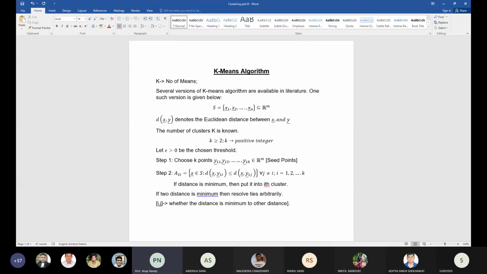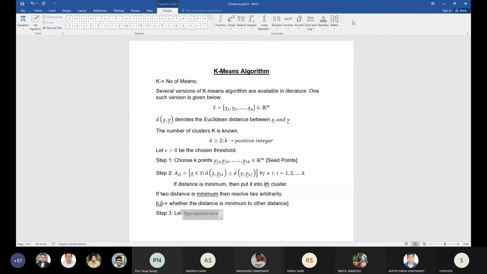Next, step number 3. Let y2i be equal to the mean of the ith cluster, because you have to compute this mean. y2i is the mean of cluster i, where i equals 1, 2, 3, up to k.